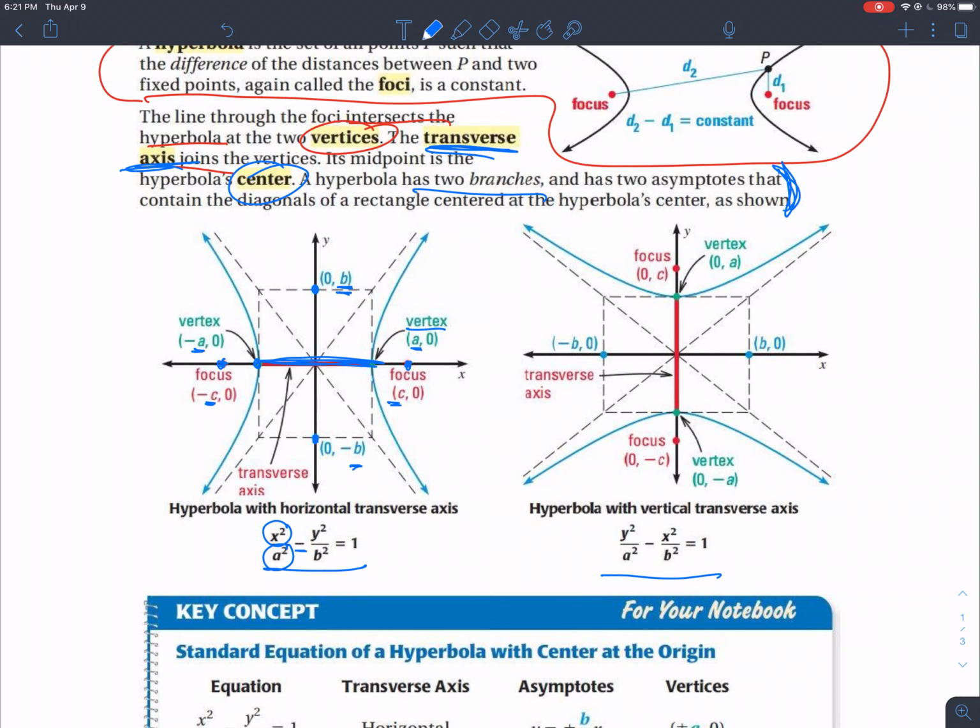In this case, because for section 8.5 all of our hyperbolas are still centered at the origin, it is the x-axis. Okay, so our hyperbola is horizontal because x squared is in front of the minus sign. Okay, and then this number underneath x squared is a, and it tells me where the vertices of the hyperbola are.